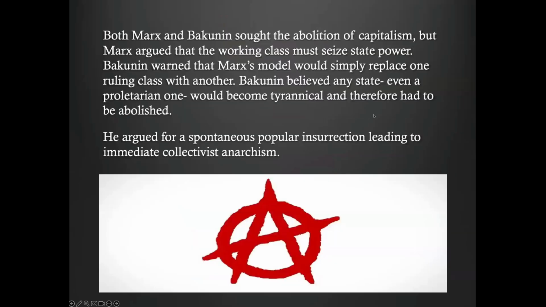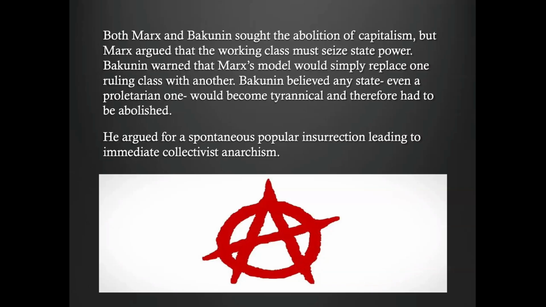So both Marx and Bakunin sought abolition of capitalism. That's true. But Marx argued that the working class must seize state power, and Bakunin thought that's a recipe for disaster. Bakunin warned that Marx's model would simply replace one ruling class with another. If you're a worker, what difference does it make? If you're exploited under capitalism or communism, you're still exploited.